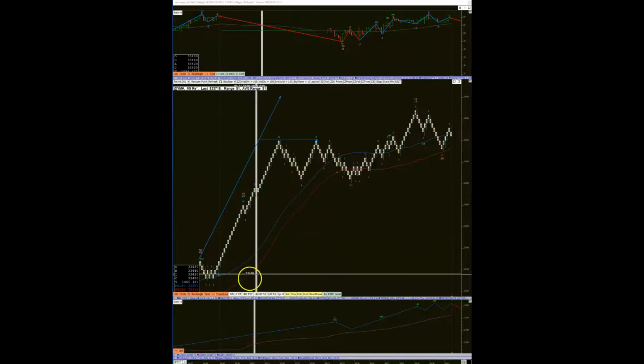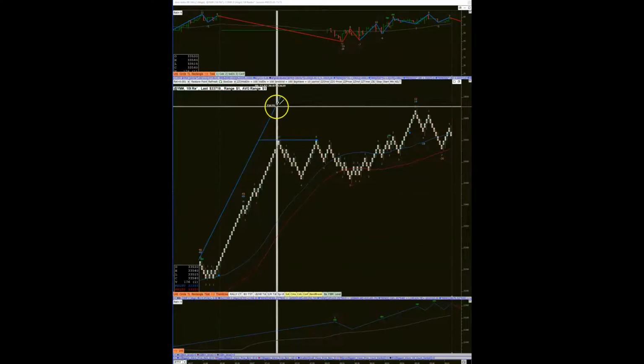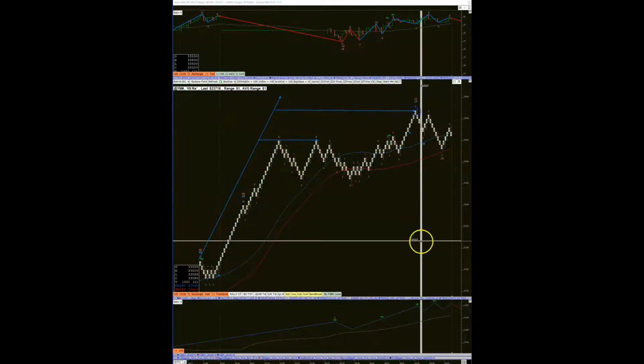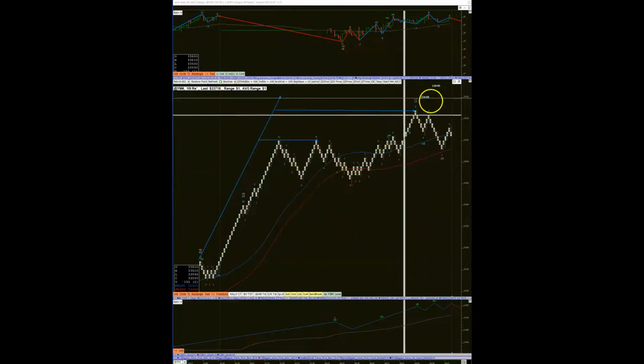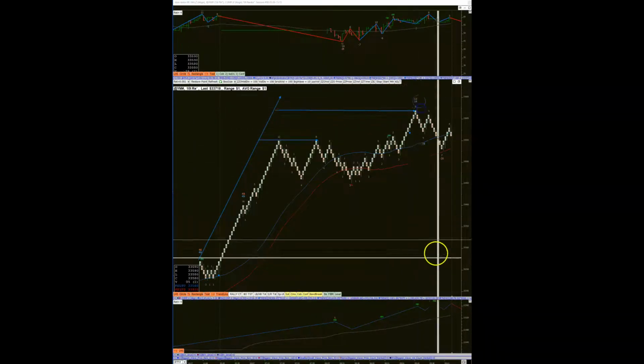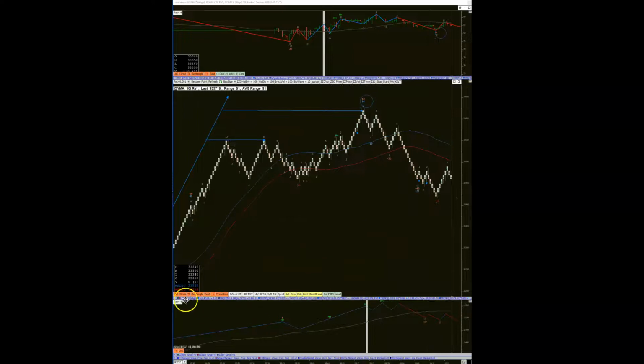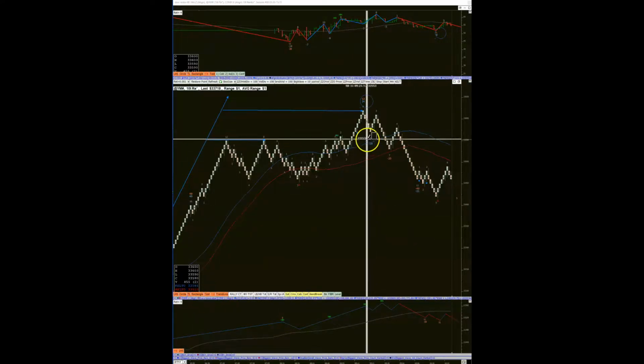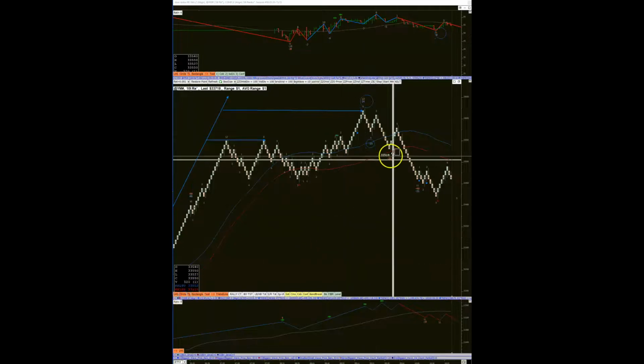I mean, some might say the thrust is shortened, but I wouldn't consider it a shortening of thrust. I consider this right here, from here to here, with that heavy price volume, to terminate using a climax. And that climax got validated by the heavy selling here and the heavy selling there.